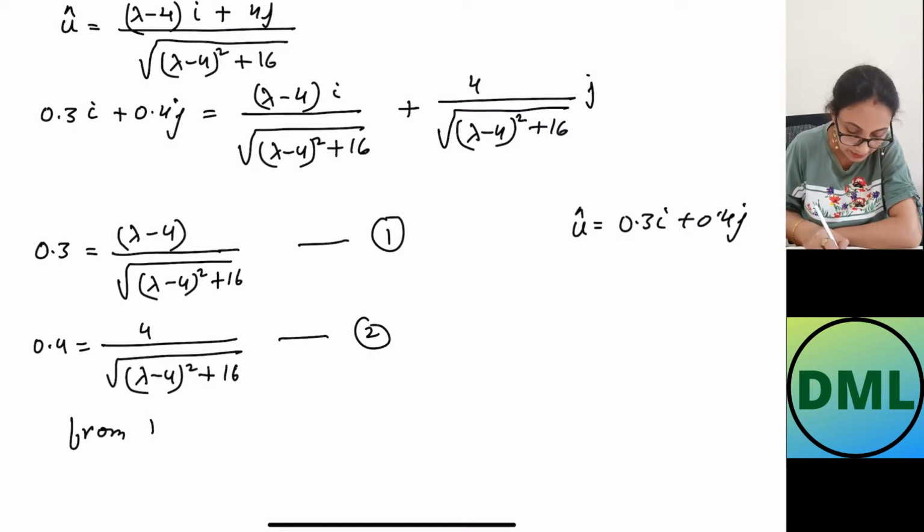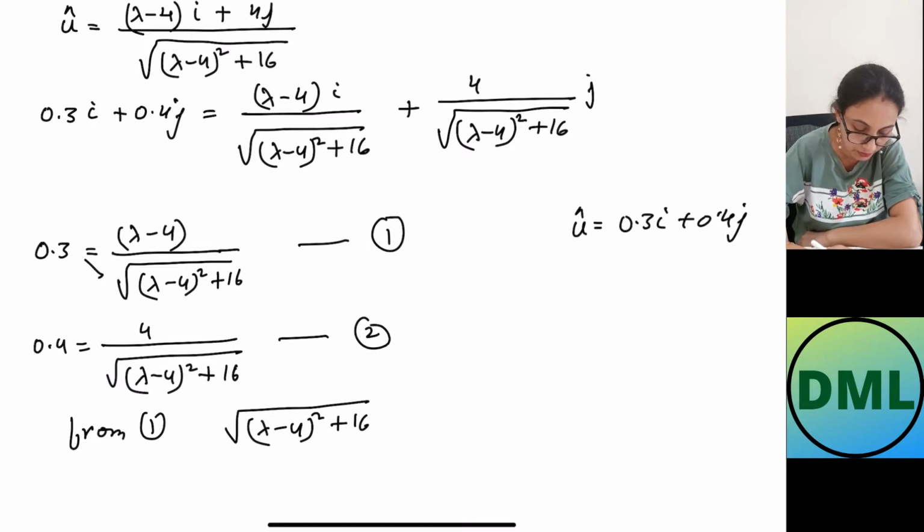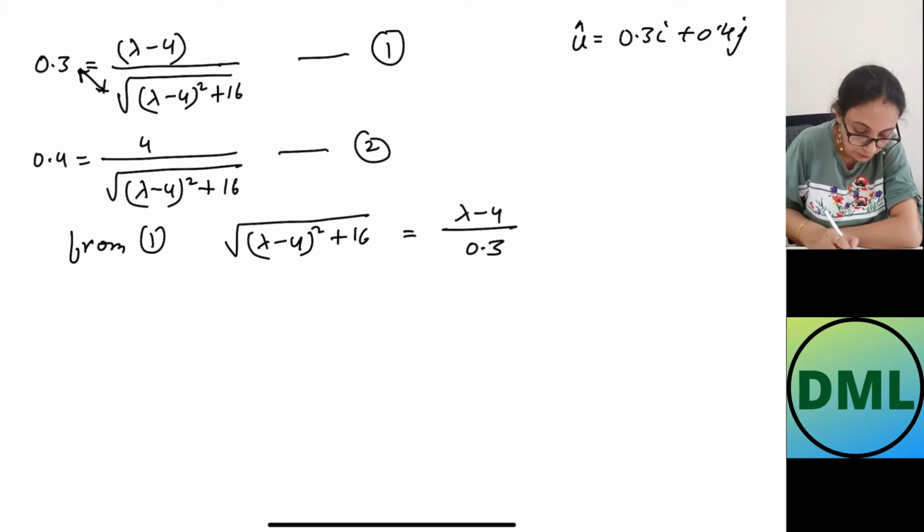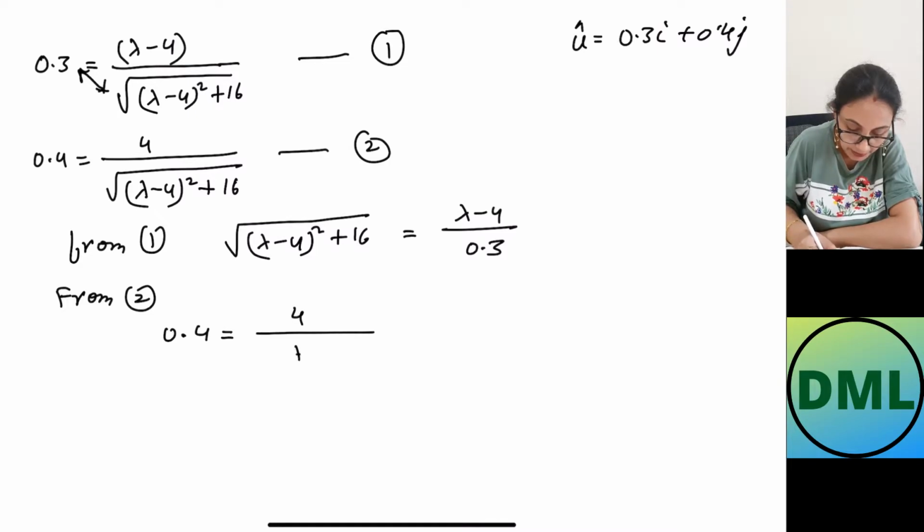From the first, if we find the value of the root of (lambda minus 4) the whole squared plus 16 by switching the positions, the value of this is written as (lambda minus 4) over 0.3. Now I will substitute this value in equation number 2. So from 2, we have 0.4 is equal to 4 over ((lambda minus 4) over 0.3).